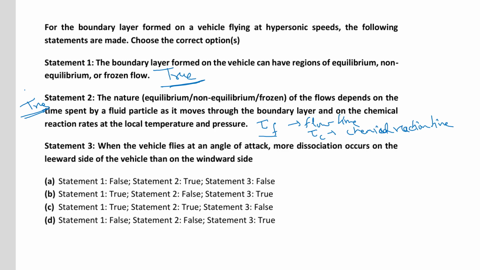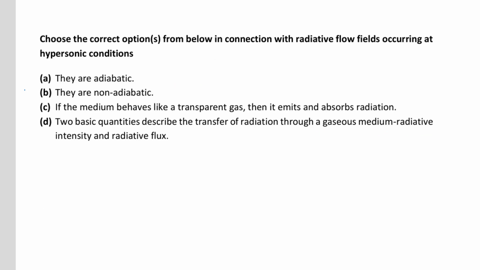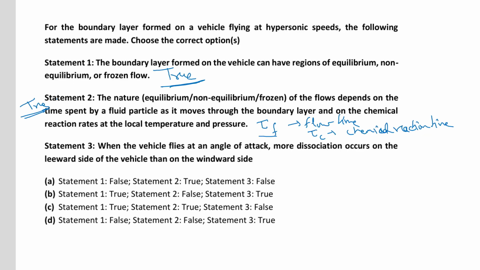Statement 3: when the vehicle flies at an angle of attack, more dissociation occurs on the leeward side of the vehicle than on the windward side. So let's say this is the vehicle.